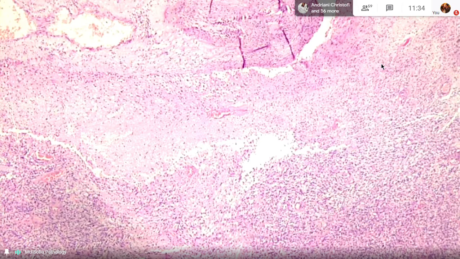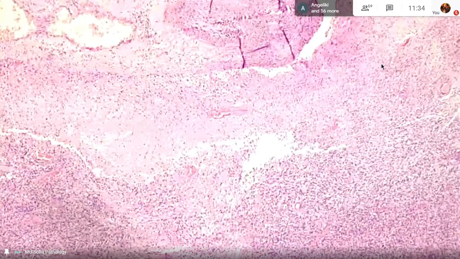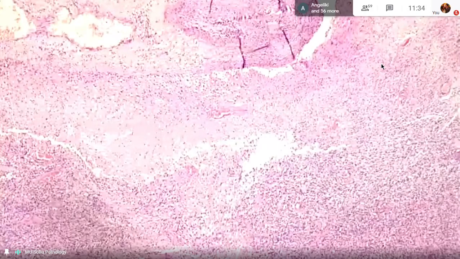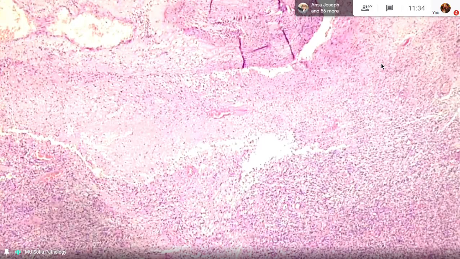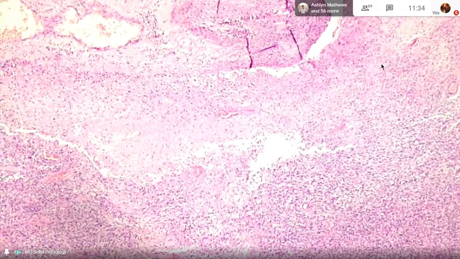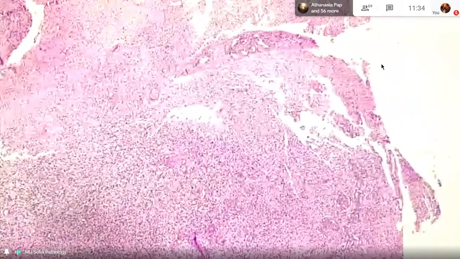And look how well preserved the nuclei of the cells are. They stay like a fence, palisading, from the French word for fence, around the necrotic area. This geographic type of necrosis, this palisading of the tumor cells around the necrotic area.